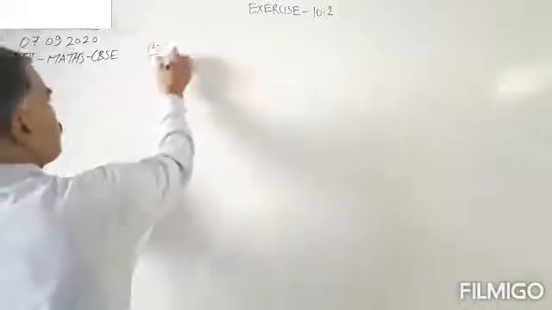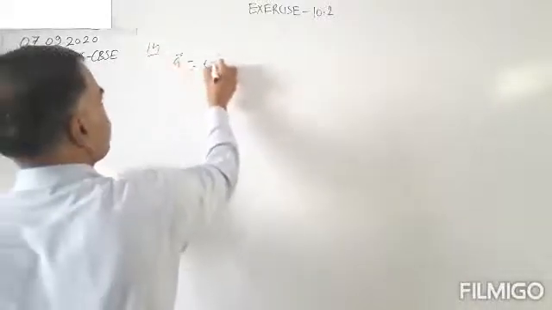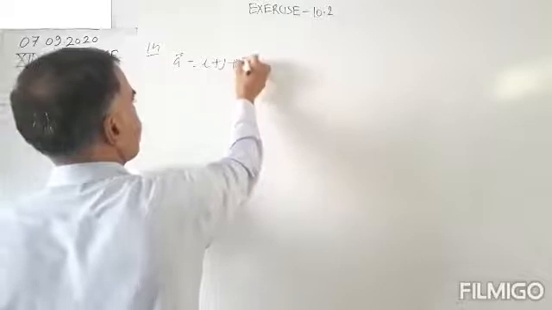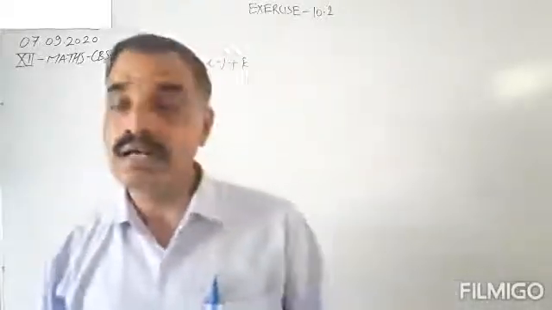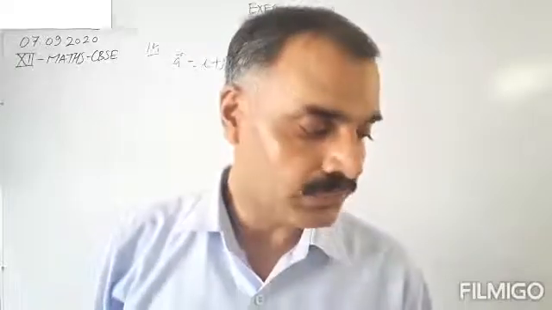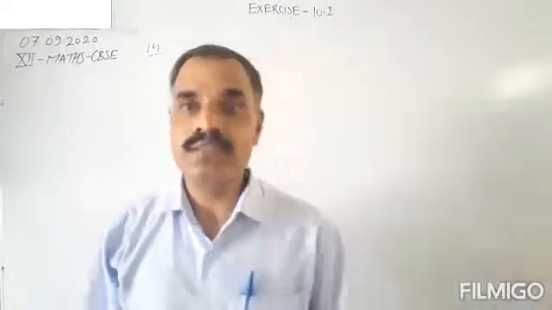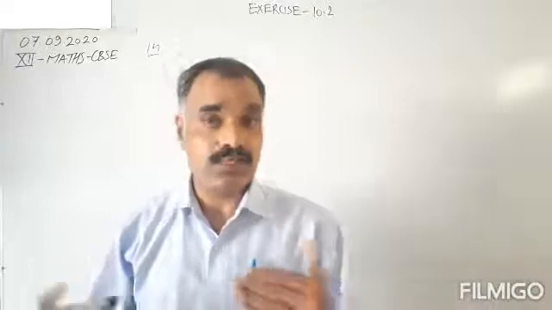The vector is given as i cap plus j cap plus k cap, and we have to show that it is equally inclined to the OX axis, OY axis and OZ axis.